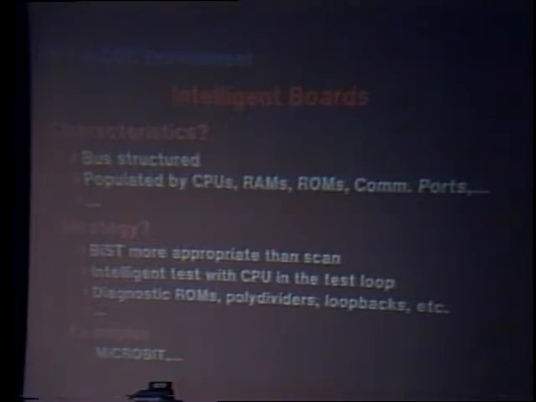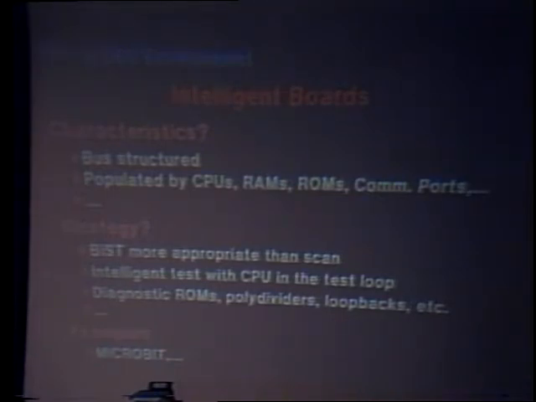So what about the strategy here, what I can say is that BIST is certainly more appropriate than scan design. Incidentally, we also have off-the-shelf components over which we have no control. So built-in self-test may be more appropriate than scan design. And what you may want to do is perform intelligent test with CPU in the test loop.